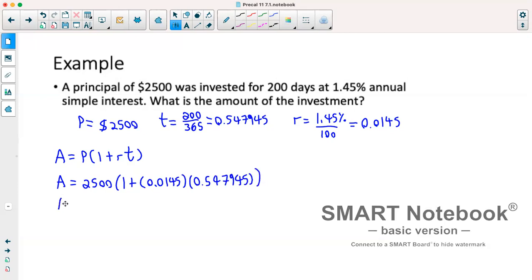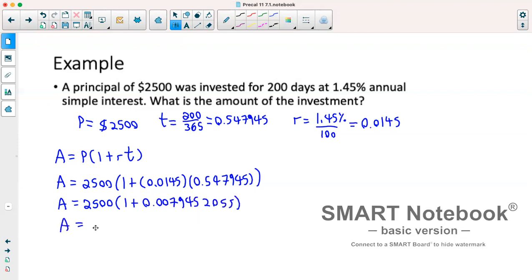So we'll go through and start simplifying these. We need to follow BEDMAS. So I'll deal with this multiplication in these brackets first, then we'll add the 1, then we'll multiply by 2,500. So we've got 2,500 times 1 plus 0.0145 times 0.547945, which gives us 0.0079452055. We'll add those together.